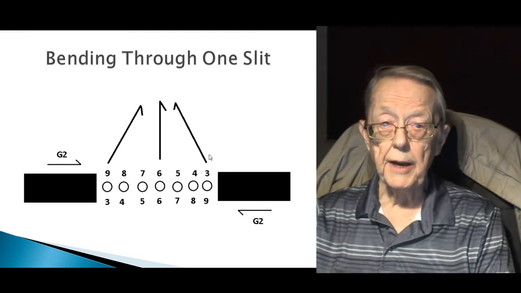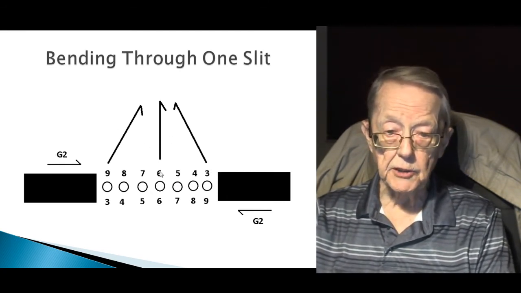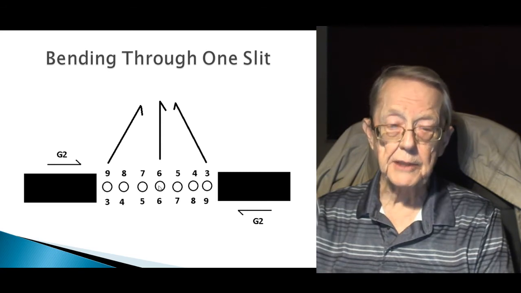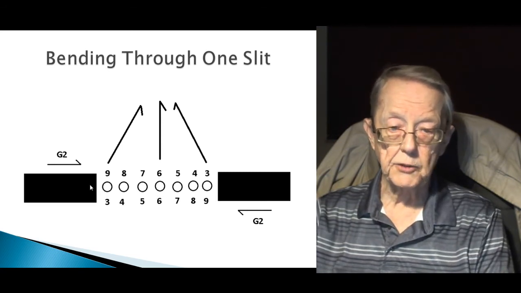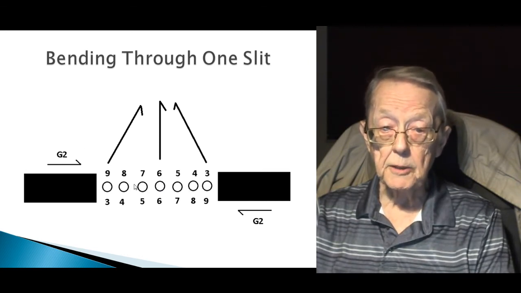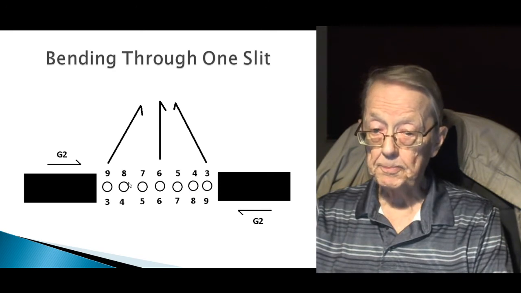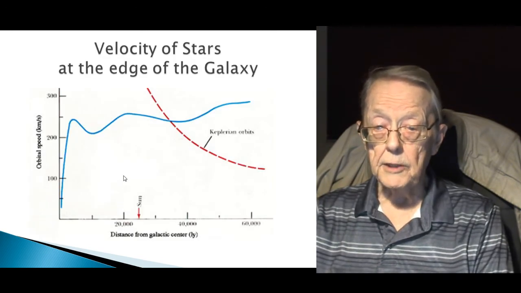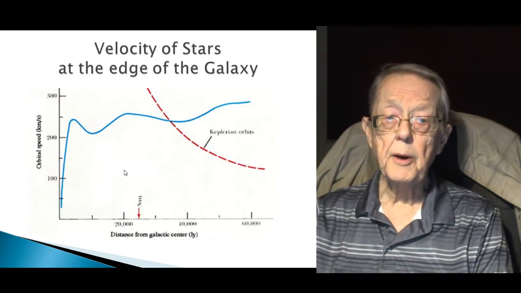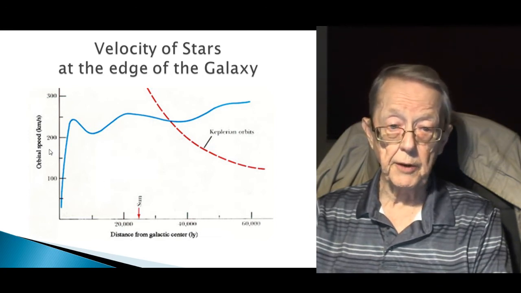And so in one slit, where the middle of the slit is in the middle of the light stream, you have this kind of bending happening because of G2. Now I'm going to show you a comparison here. I had a video on dark matter, and this involved G1 gravity, not G2 gravity.